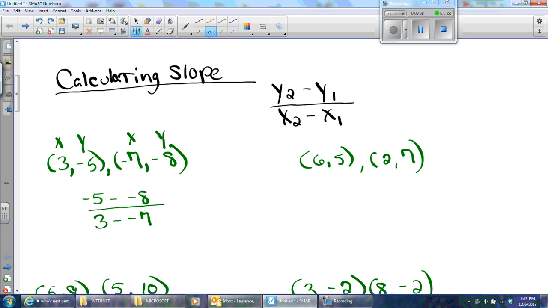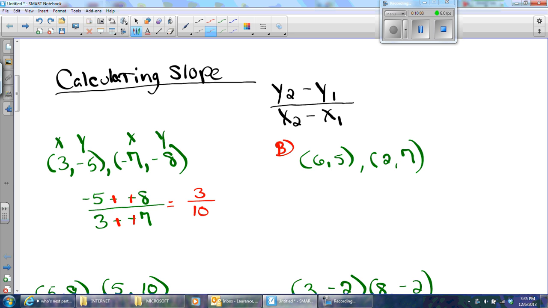I know that taking away a negative is a positive thing. And so when I do -5 plus 8, I get 3. When I get 3 plus 7, I get 10. My slope for the first line that goes through these 2 points is 3/10. Rise 3, run 10.